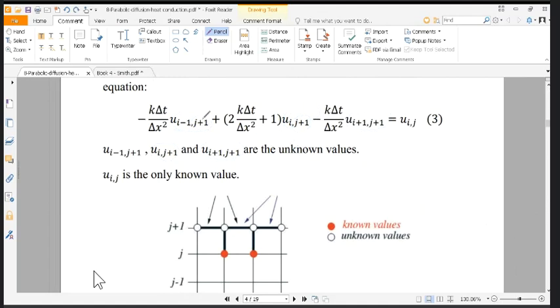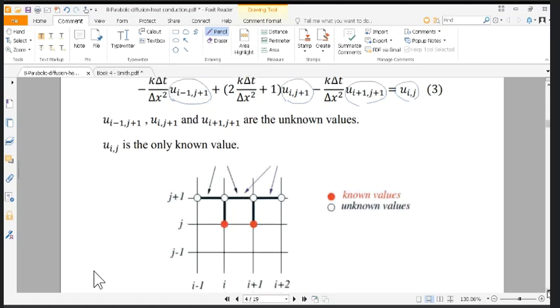If you are careful, you can see that in this formula we use 4 points. Three of these points are on the next time level, and only one of them is in the current time level.